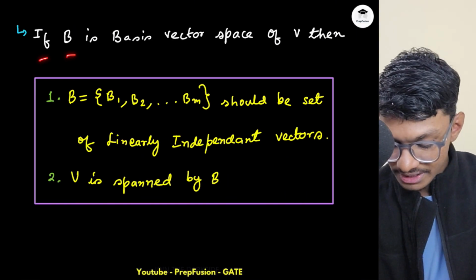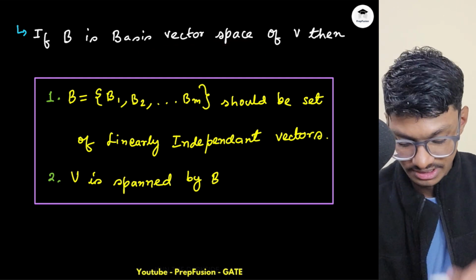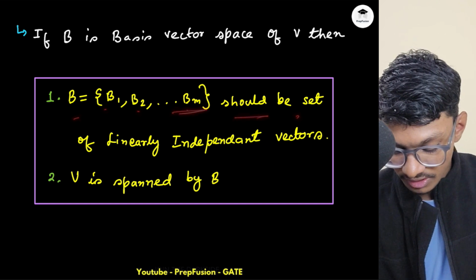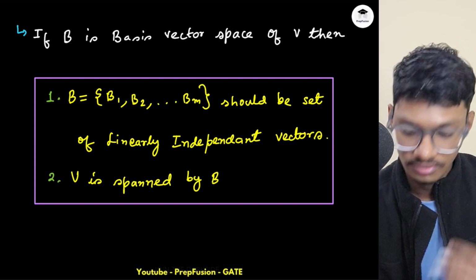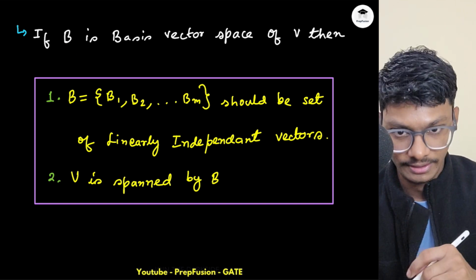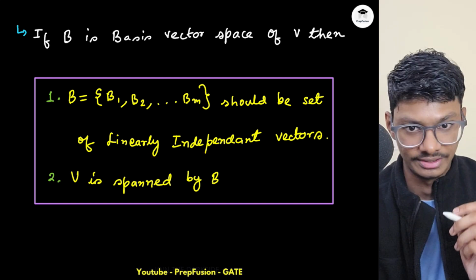Now if B is a basis of V, then B equals b1, b2, up until bm, should be a set of linearly independent vectors. So what are the conditions for a set to be a basis? As they should be orthogonal, that means they should be linearly independent vectors. That is the first thing.